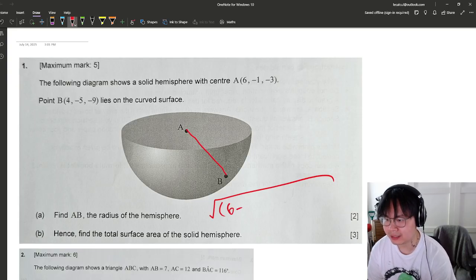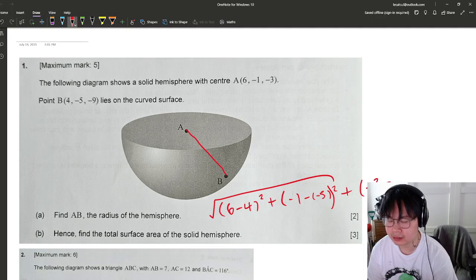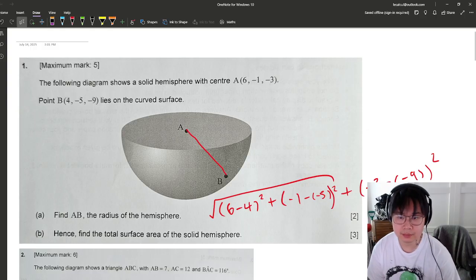So like 6 minus 4 squared plus -1 minus -5 squared plus -3 minus -9 squared.